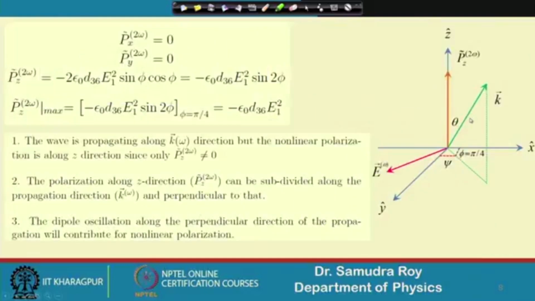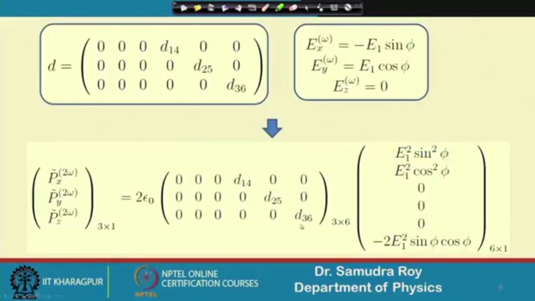In the next slide we have the same thing that we were discussing, that the value of p x is 0, the value of p y is 0, and the value of p z is the multiplication of those two terms which we discussed. So, if I go back to the previous slide, multiplication of this term and this term will be p z.